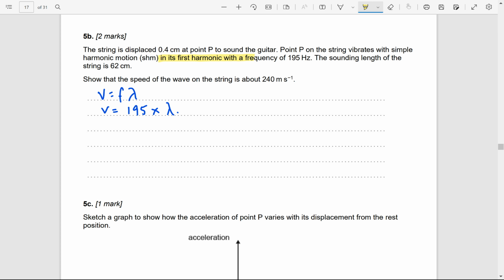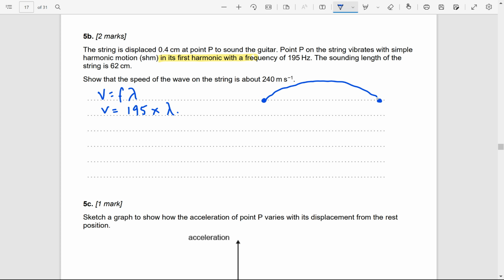So we know that it's in its first harmonic. And because it's a string on a guitar, it's being held down by the finger there, and then the end of the string is there at the bridge.